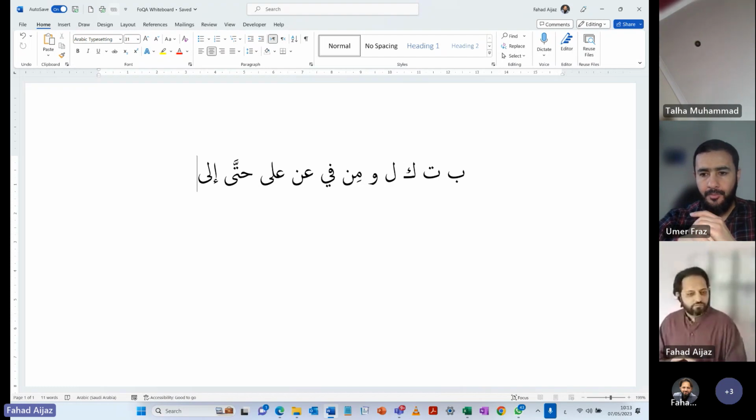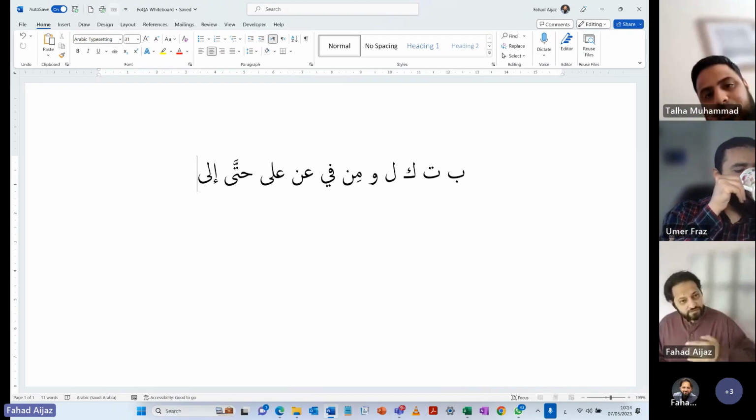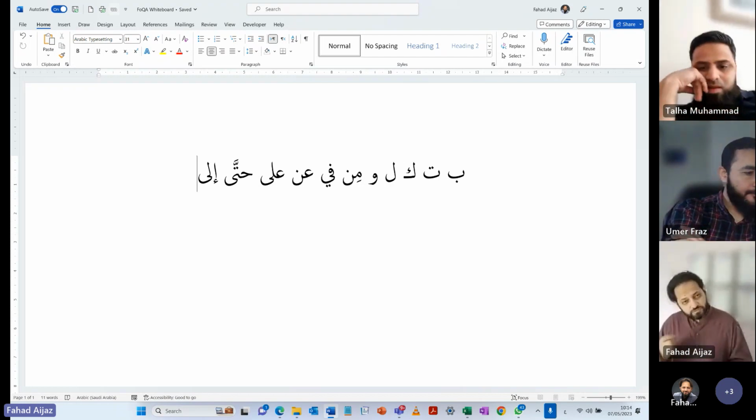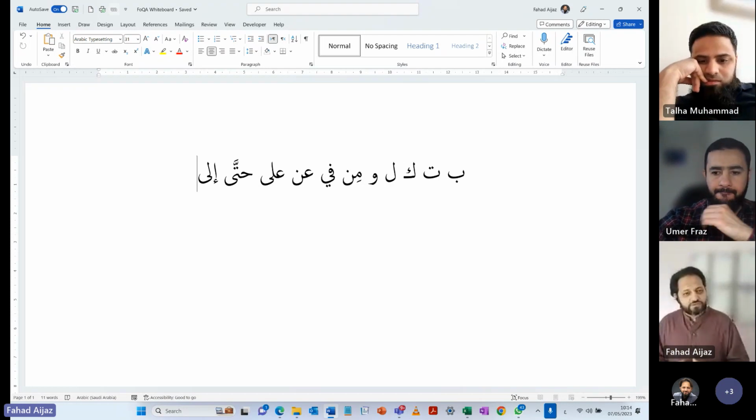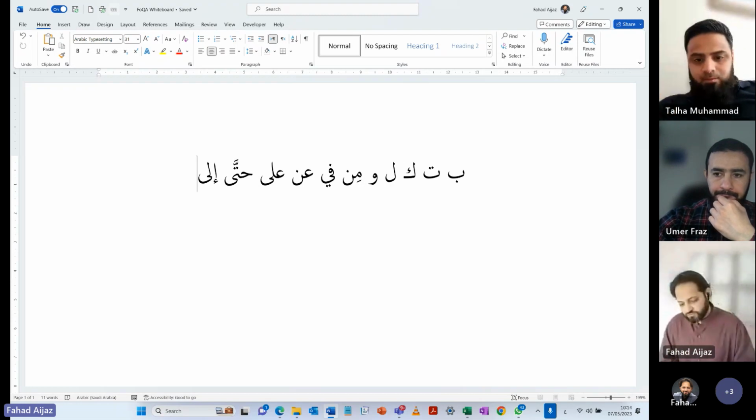If it is a non-flexible ism like bi Musa or bi Isa, for example, with Isa, you will not see any ending sound or any combination in them, but it will still be jar. So this ba is going to tell you if the status is jar or not. And a normal ism, of course, bi Muhammadin would be very easy to spot.